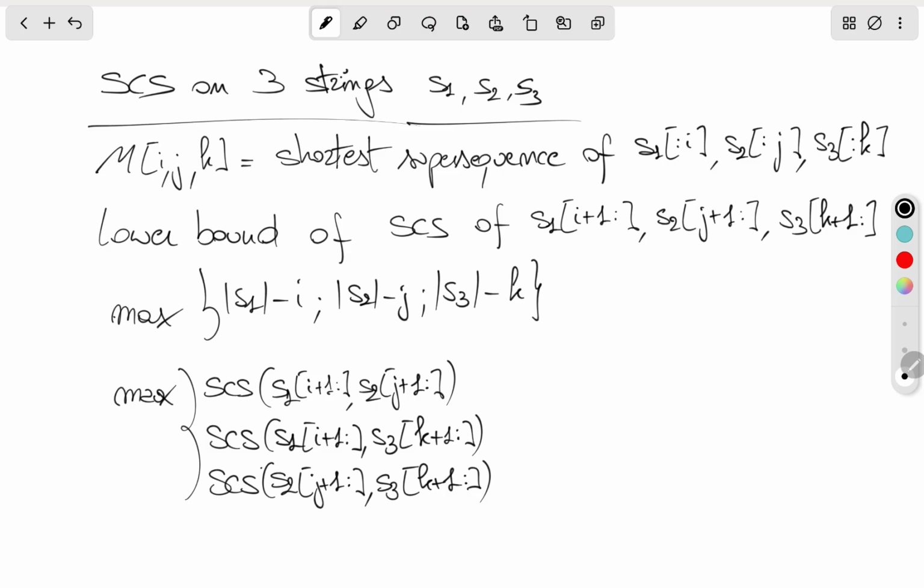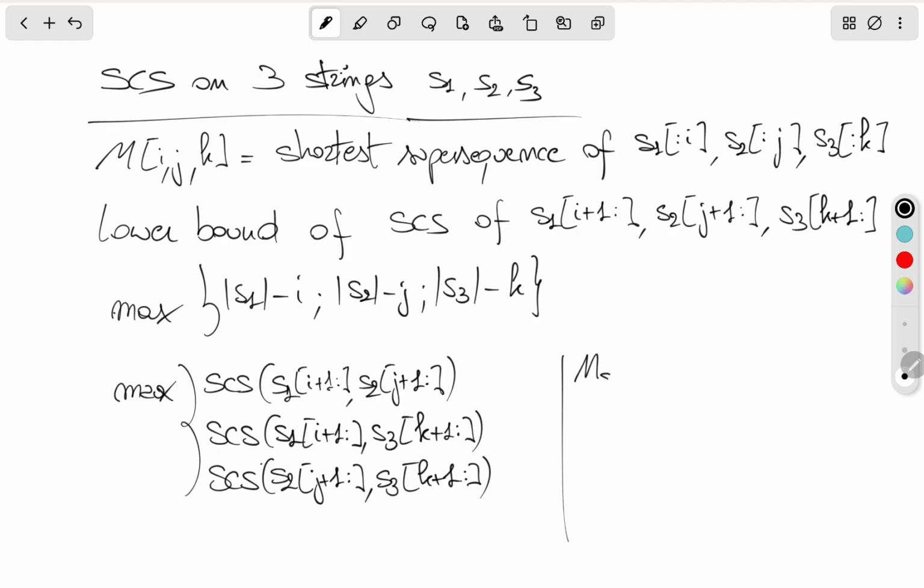Okay, the point is, I do not have to recompute all those pairwise shortest common supersequences each time, because I store the SCS, the matrix of the SCS, so the dynamic programming matrix of S1 reverse, S2 reverse.